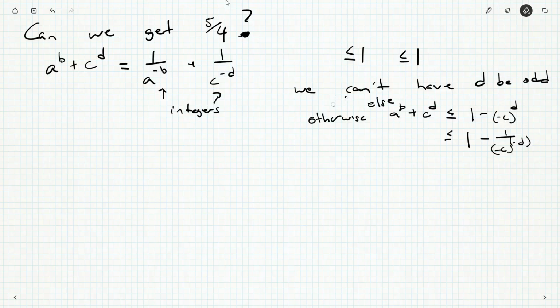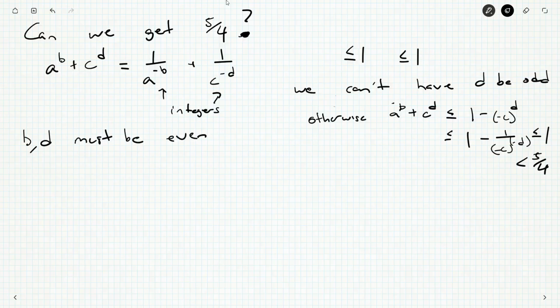Because if D were odd, then a negative number to an odd power, C to this negative D, would be negative. 1 over it would be negative, and then we'd have some value less than or equal to 1 plus a negative value. It'd be less than or equal to 1. And that's less than 5 over 4. So both B and D have to be even. And if that's the case, how can we get 5 over 4?